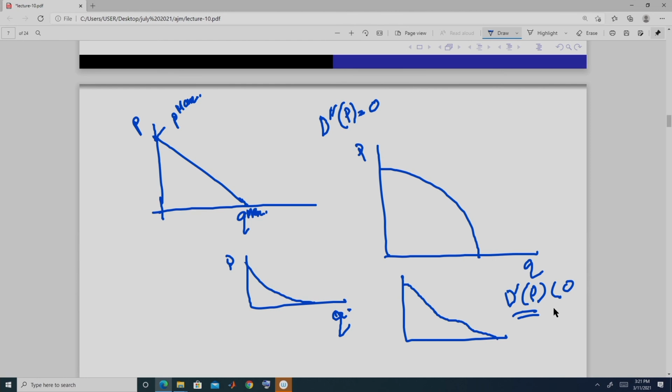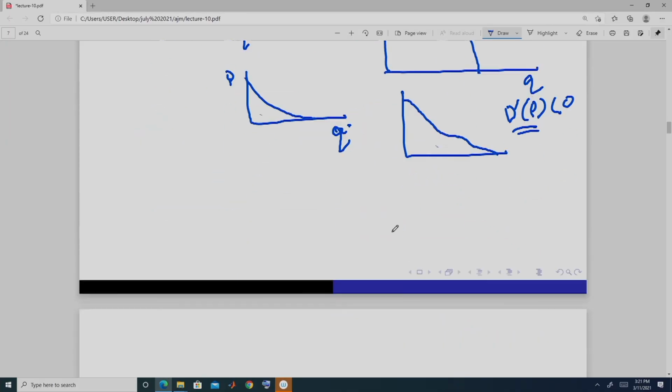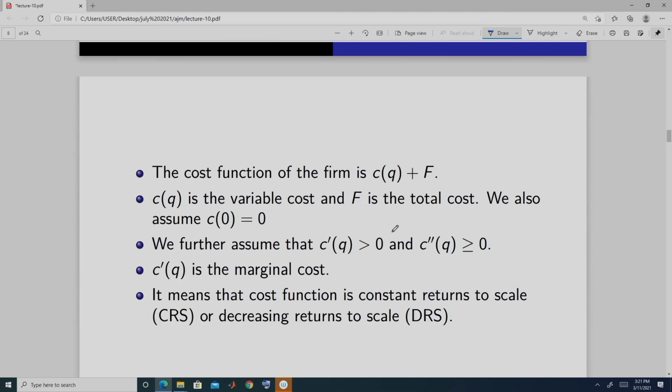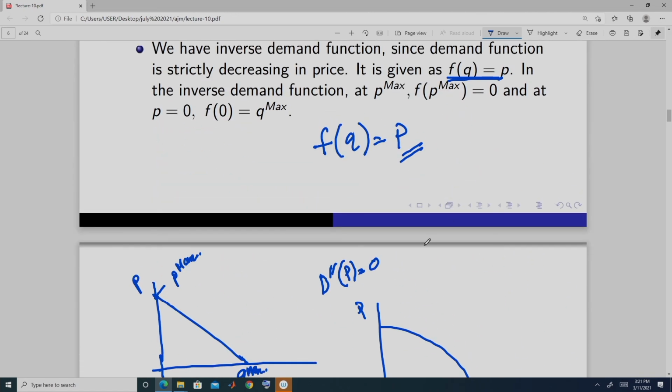Out of all these variations, we will again assume only a few, and we will specify that later, but all these demand functions are possible. Next, the demand scenario is clear. So, it is a downward sloping demand curve.